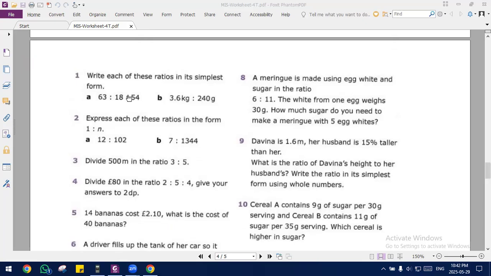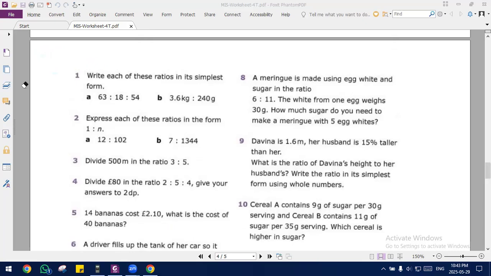How do I simplify a fraction? I divide numerator and denominator. Let's say, for example, I have 2 over 4. So I divide up and down by the same value. So it's equal to 1 over 2. This is an example for the fraction, and the ratio is the same thing. Let's check the numbers that I have. 63, 18, 54. All of them, I can see can be divided by 3.